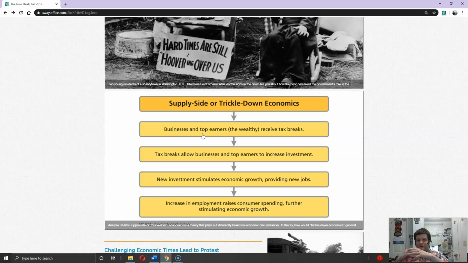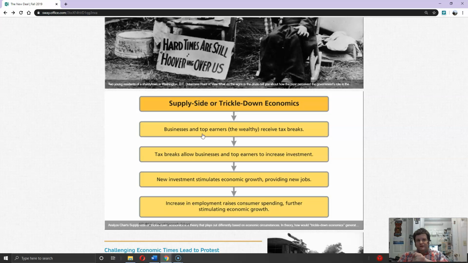This, in turn, caused new investments to stimulate economic growth and provide jobs. This increase in employment raises consumer spending, because the more money you have, the more money you're going to spend. And this stimulates further economic growth because the United States is a consumer capitalist economy where buying stuff makes the economy go.